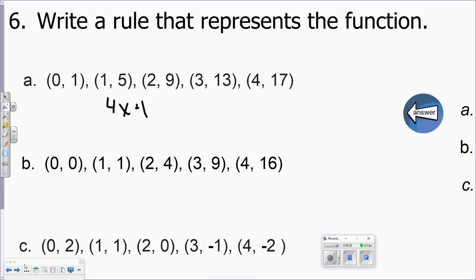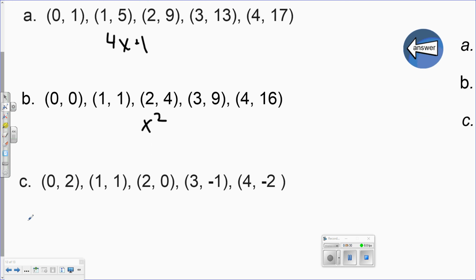And then when we look at the third one, again, we're simply looking for a pattern. So when we're looking for this pattern, again, I'm going to skip this one maybe. I might skip this one. So from 0 to 2, we could add 2, but if I come over here, 1 plus 1, or 1 plus 2 is not 1.